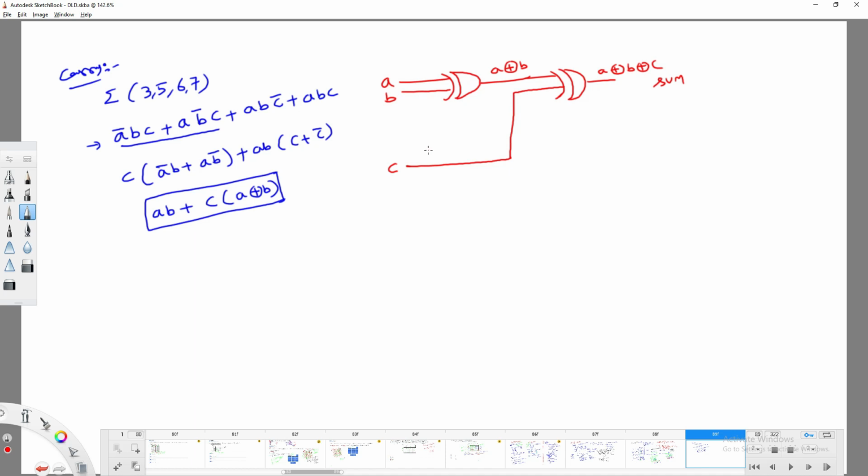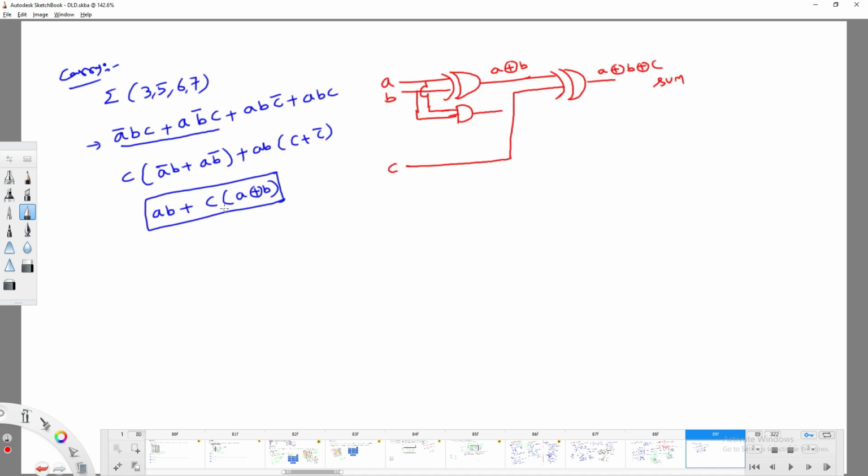For this one, you need to have a carry, right? So carry means AB or C into A XOR B. First, can I do the AB operation? Yes. I am trying to do the AB operation. Okay.